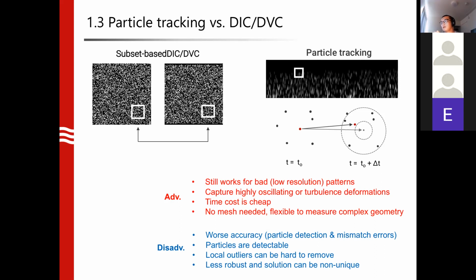It's not as robust as DIC and DVC. Okay, so that's a comparison between DIC, DVC and particle tracking. It really depends on your experimental goal and experimental conditions, and you need to choose which method to apply.